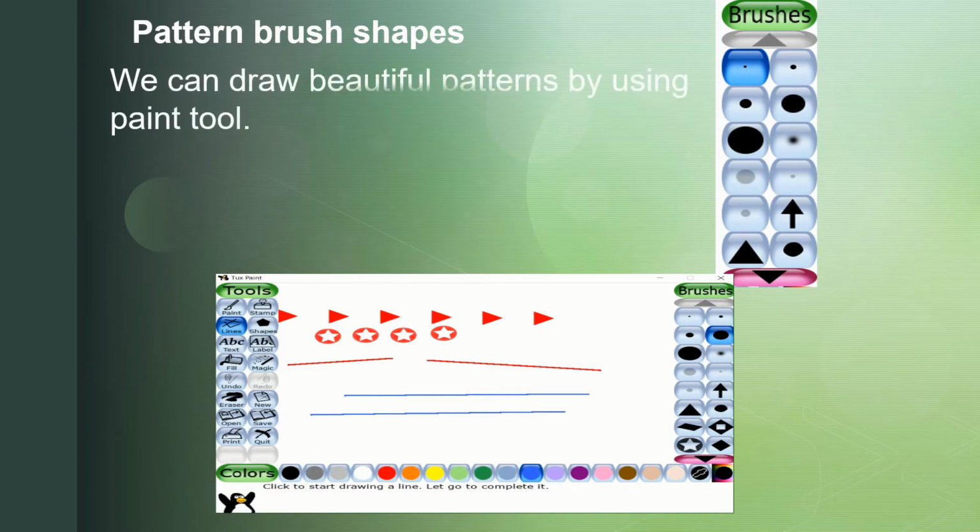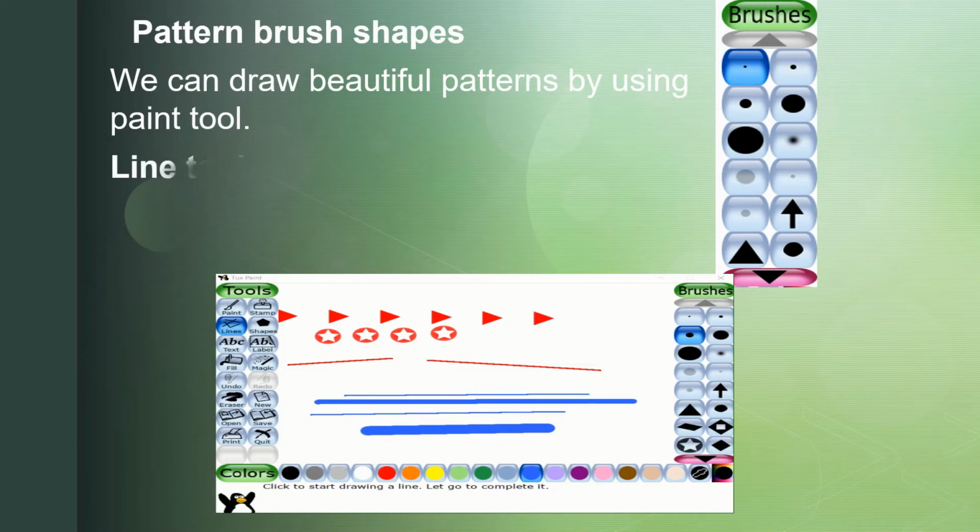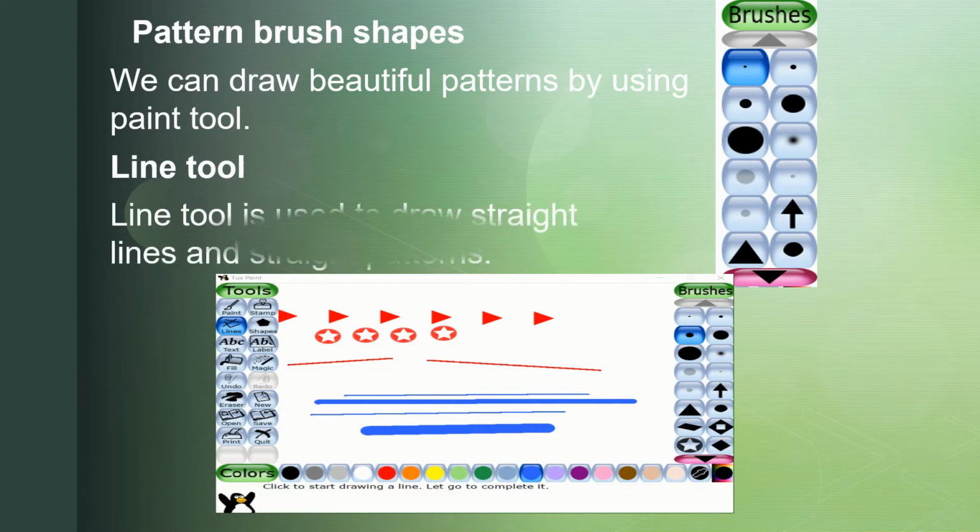Even the teacher has selected the color and size of brushes. We can draw a beautiful pattern by using the pen tool. Children, we can even draw with the line tool. Yes, we have seen in the practical. The line tool is used to draw straight lines and straight patterns.